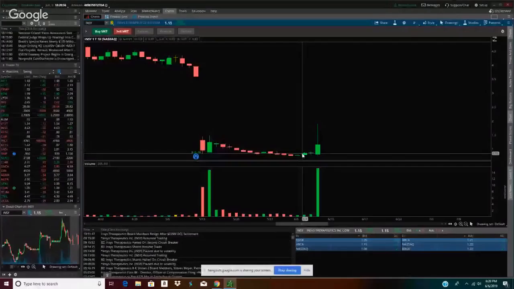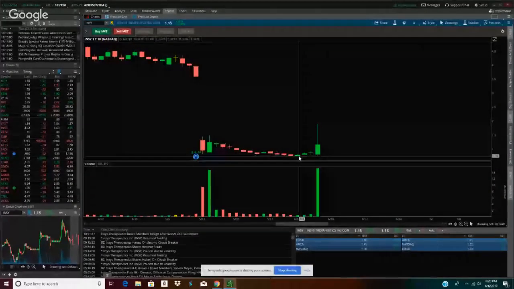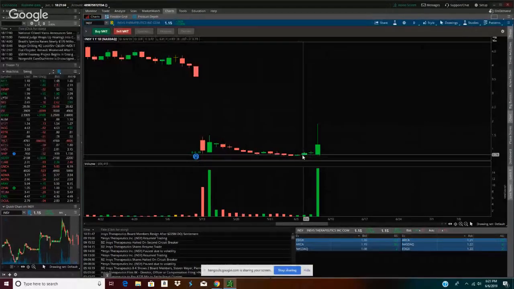If we get into this trade 5 cents higher than the previous day's low, we got even more room to either set a stop even lower if you want to do that, or you can keep the stop at that previous day's low, which would be 75 cents.